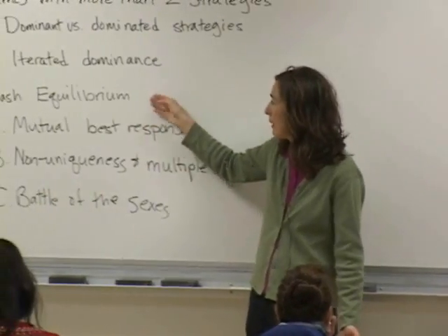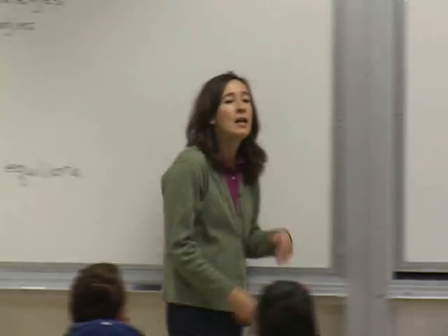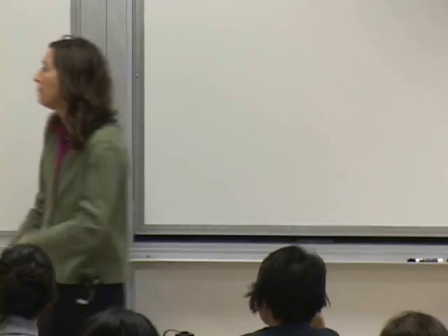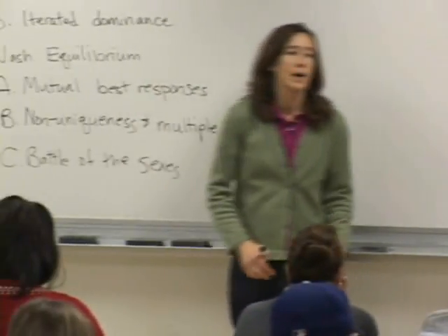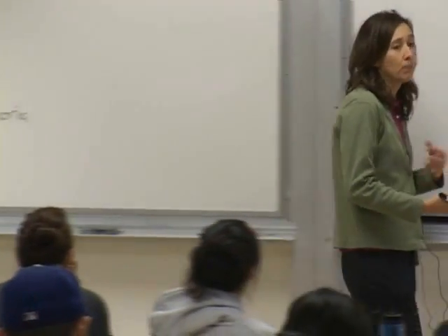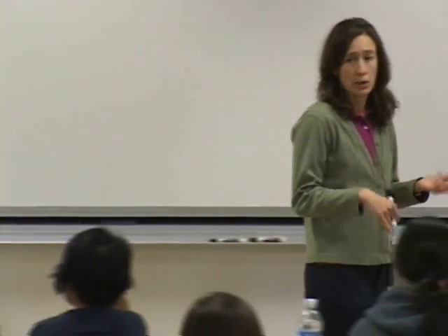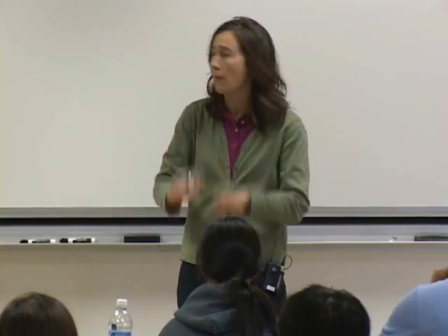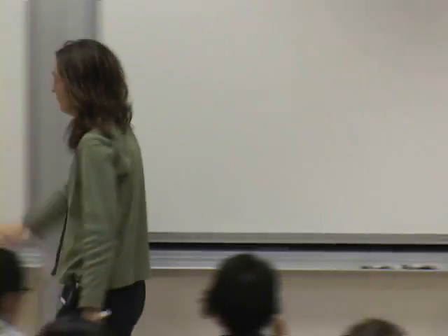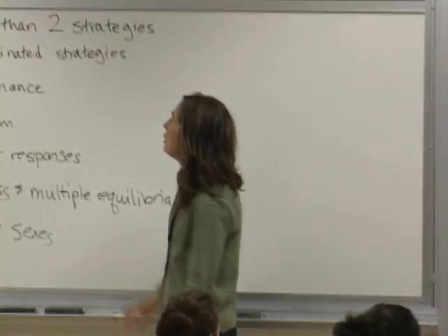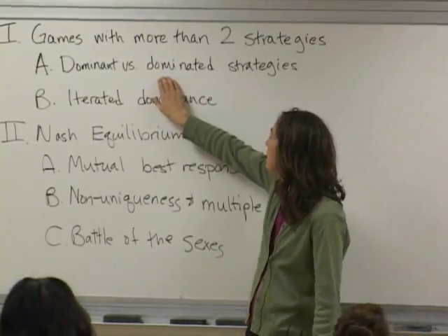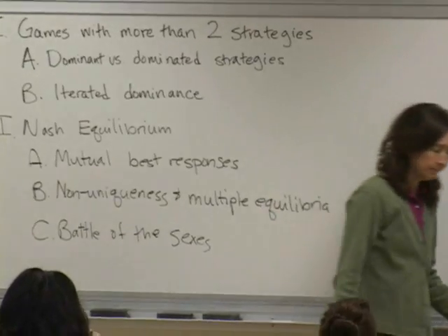Okay, so what we're going to be doing by the end of class today is solving games, looking for Nash equilibria in games where neither player has a dominant or a dominated strategy. That's where we're going.